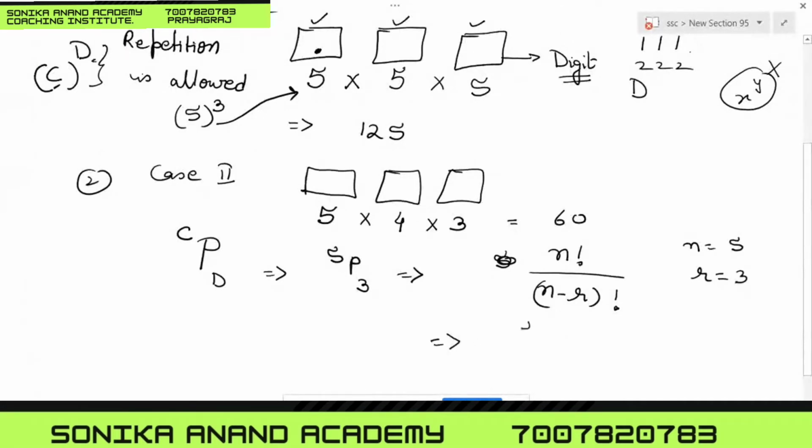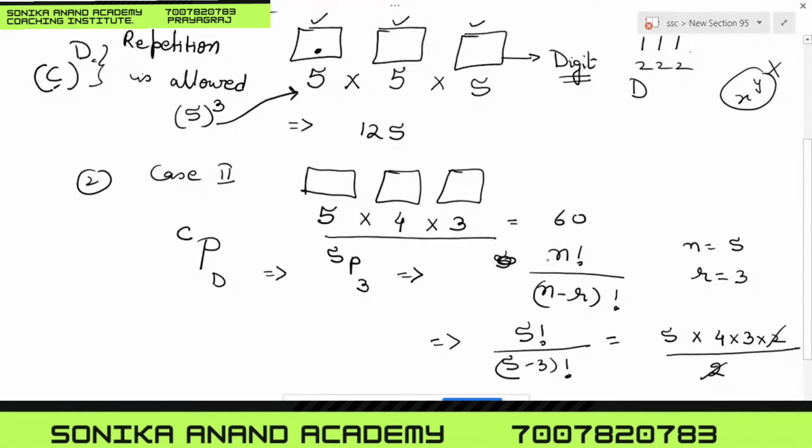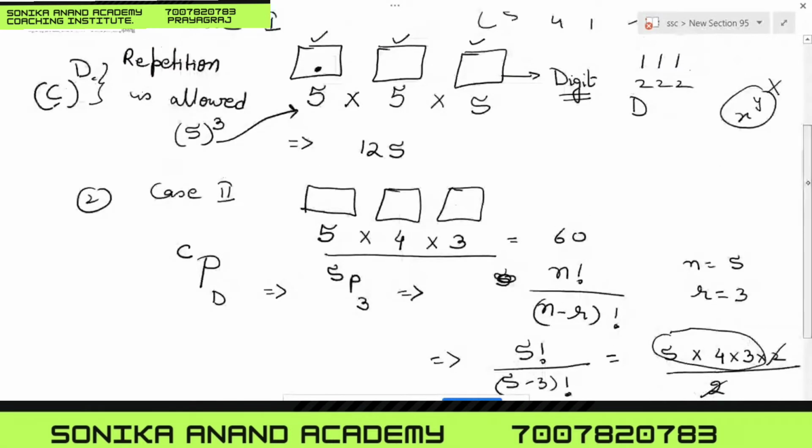So factorial 5 by 5 minus 3 factorial. Actually in permutation you will get a lot of confusion, so be patient for that. Here 2 factorial gets cut down, and you again get the same number. So it's better to remember this formula. Just note it down for a while.